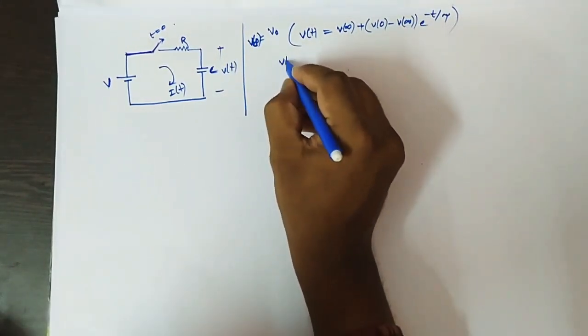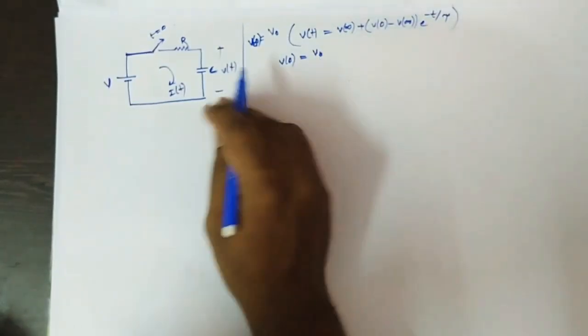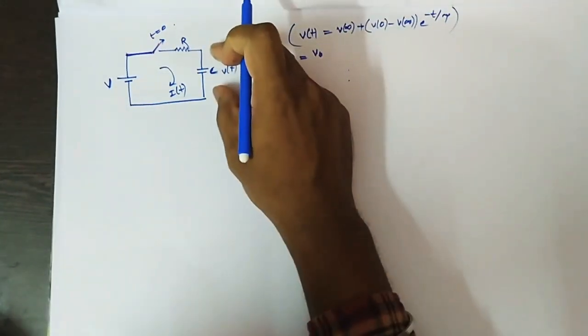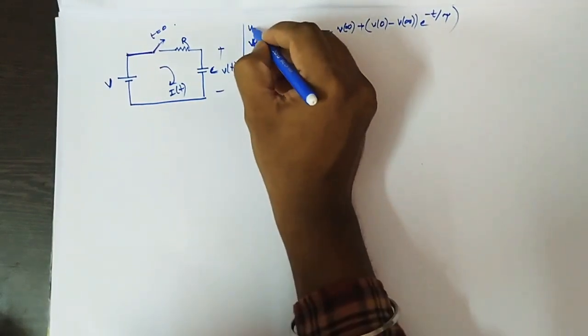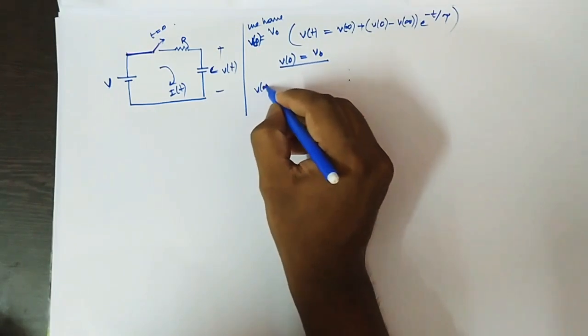So v of 0 means what? Here the internal voltage V naught, if you take. The switch is not on, so the internal voltage across the capacitor will be V naught only, since we have it initially. And v of infinity means what?